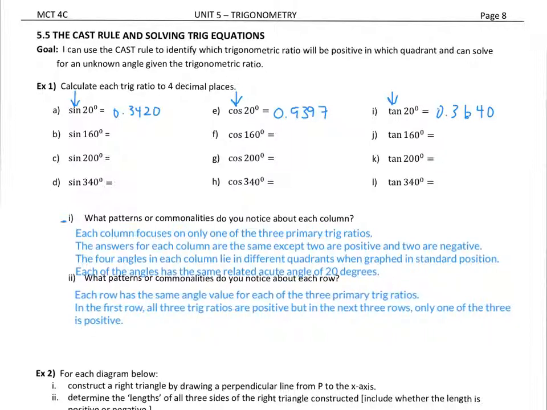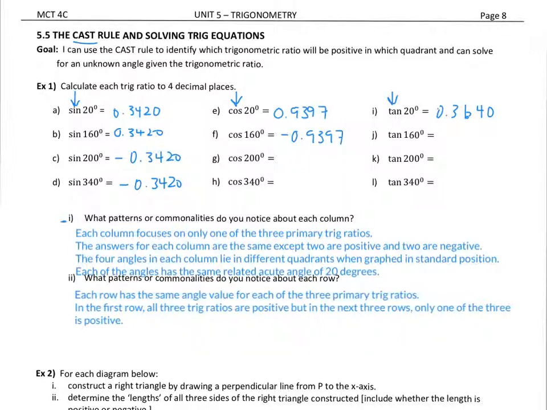I'm going to tell you right now that this one will be positive, 0.3420, while these 2 will be negative, but the values will be the same, other than the negative instead. I could have told you which ones were going to be positive and negative ahead of time, and that's where this thing called CAST comes in. For this one, this should be a negative, but still the same ratio.